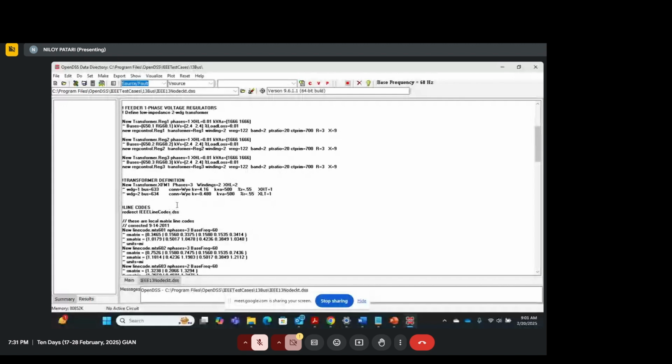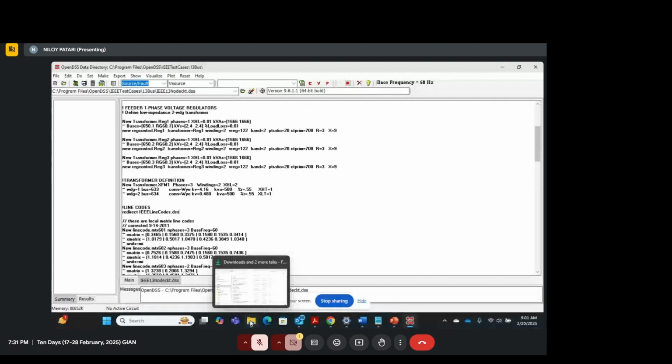So this transformer is defined, and then it says redirect IEEE line codes.dss. Redirect means to call another file. So this file, the node circuit .dss, calls another file, which is IEEE line codes.dss.